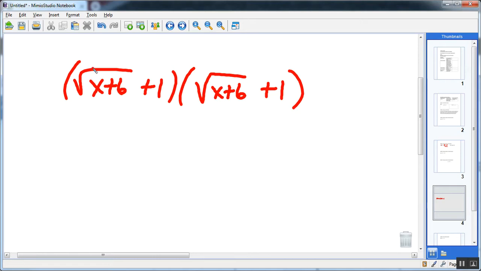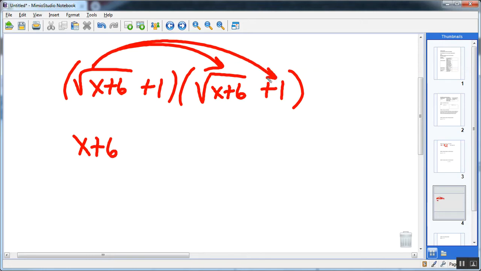Okay, so help me out. What's root x plus 6 times root x plus 6, or root x plus 6 squared, if you will? It's just x plus 6, right? That root times itself is just going to be x plus 6 to start with. Now, this is where things get a little goofy. What's the root of x plus 6 times 1?